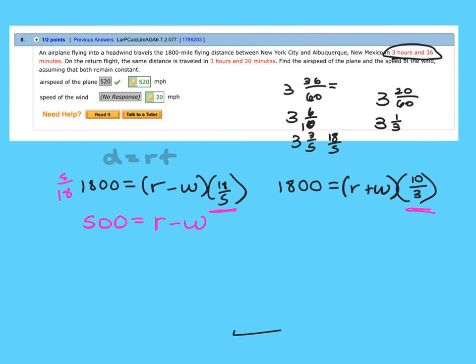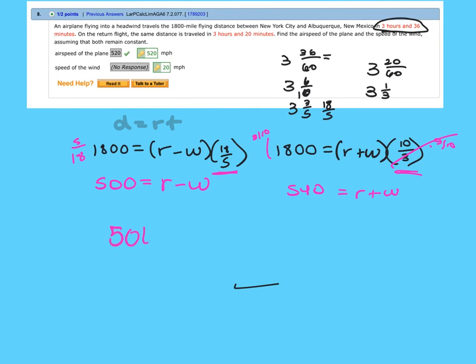And then if I did 1,800 times 3 divided by 10, I get R plus W equals 540. Now I've got an easy system. 500 equals R minus W, and 540 equals R plus W.